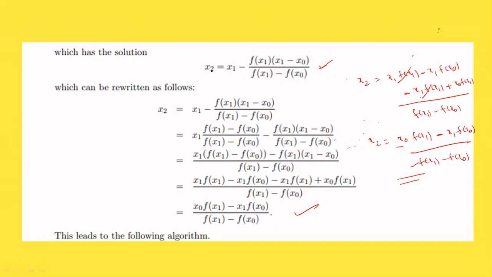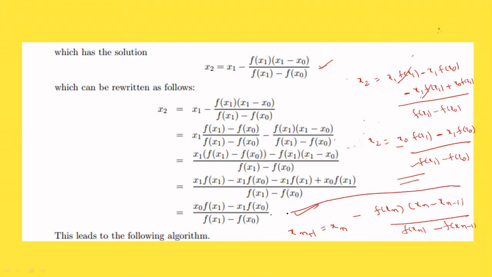If you are using this directly, I can write the iteration formula: x(n+1) is equal to xn minus f(xn) into (xn minus x(n-1)) by (f(xn) minus f(x(n-1))). This is the iteration formula you can use, or it may be written like this also.